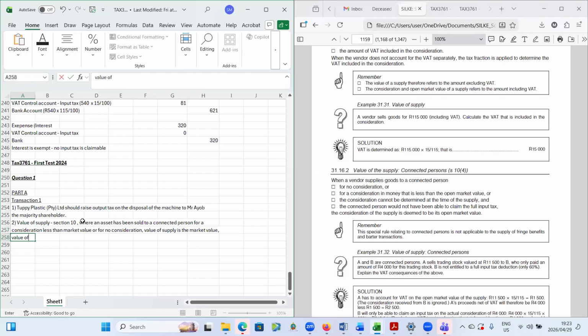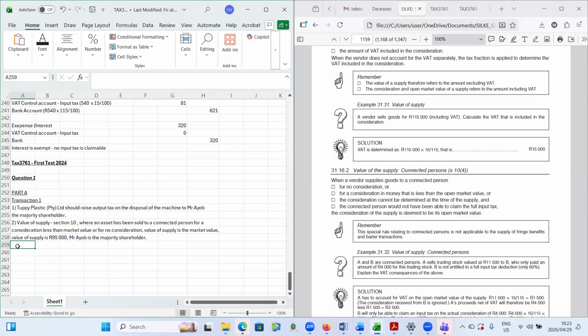Value of supply is 95,000 rand. Mr. Ayob is the majority shareholder. As a majority shareholder, that makes him a connected person.